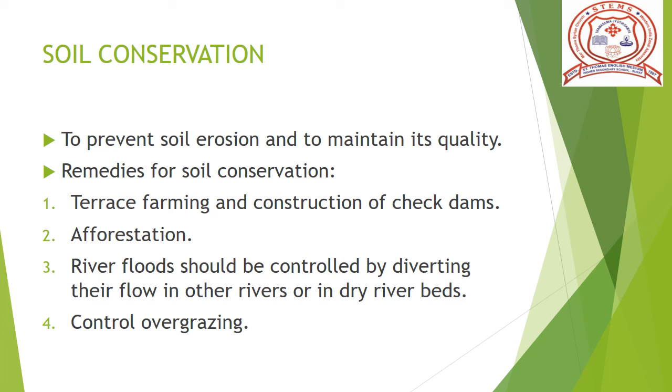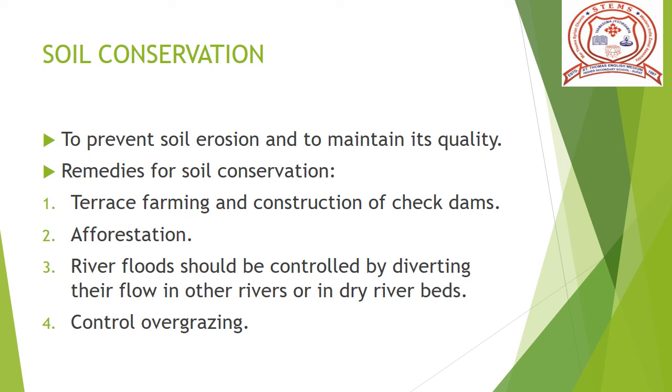Control of overgrazing by animals and stabilization of sand dunes by growing thorny bushes are some of the methods used for land conservation. Moisture conservation and weed control in agricultural lands, regularization of grazing and proper management of wastelands and control of mining activities.